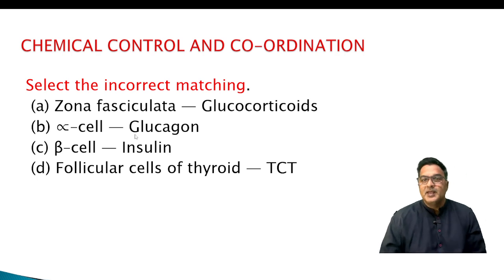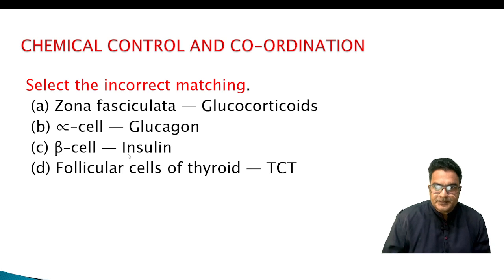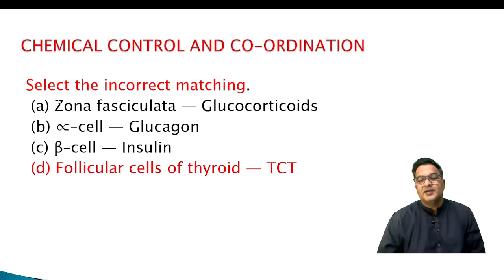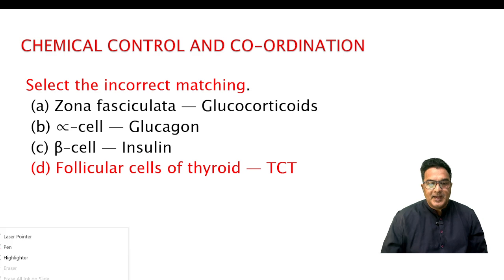Alpha cells of islets of Langerhans of pancreas secrete glucagon, that's true. Beta cells of islets of Langerhans of pancreas, insulin, that's true. Follicular cells of thyroid TCT is incorrect, parafollicular cells of thyroid gland secrete calcitonin.